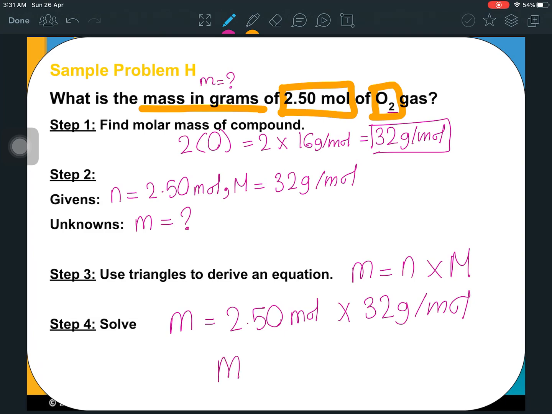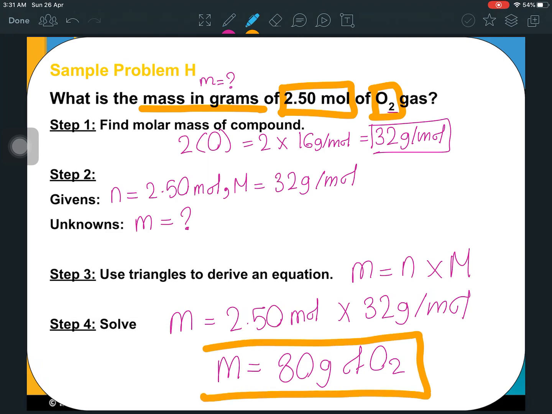If you put this into your calculator, you will end up getting 80 grams of O2, or 80 grams of oxygen. Then you put that in a square, because remember, we always put our final answer in a square so that people know what we're talking about.